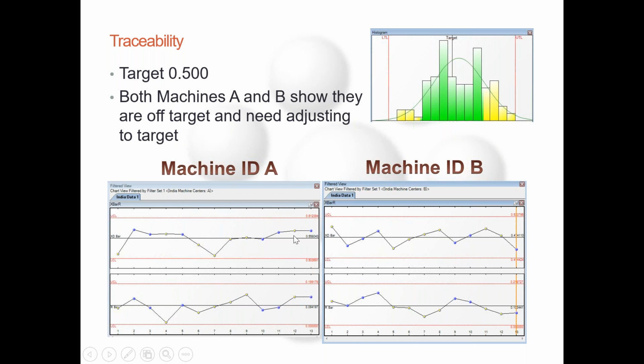So it tells me that if I went to machine A and adjusted the target closer to 0.5, and machine B and adjusted the target closer to 0.5, that should reduce the distance between these two peaks and possibly make them overlap, and I would get a better performing process in the end. Not all improvements are this easy to find, but frequently if you look at data with a little bit of insight, things just start to talk to you.